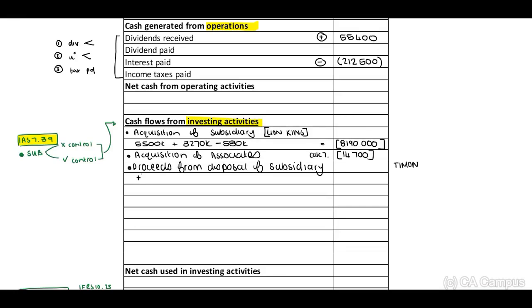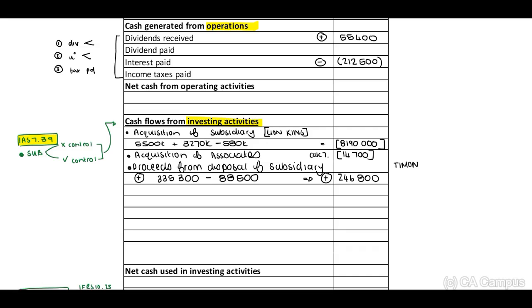Therefore, they received the 335,300, but we now need to take out the 88,500 because we will no longer be able to consolidate this within our group. Therefore, a total consideration received to the value of 246,800. Remember, a positive, this is received.